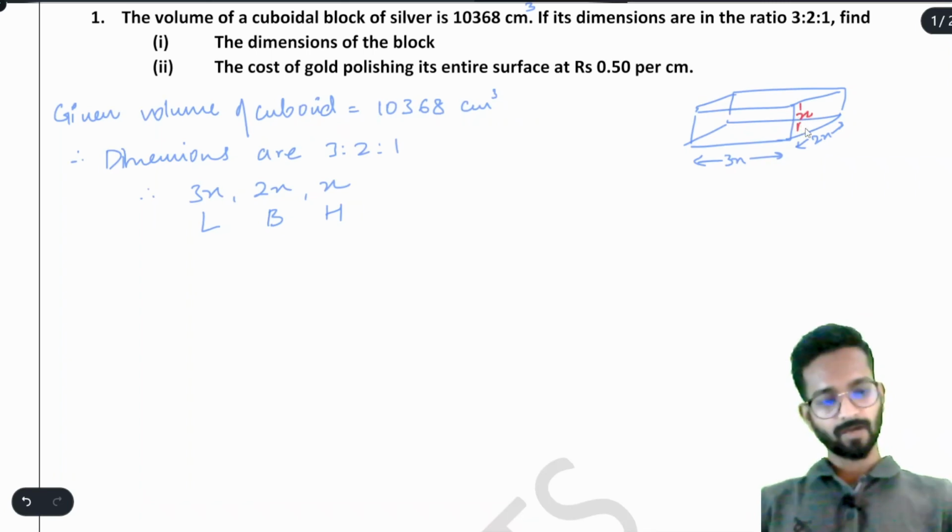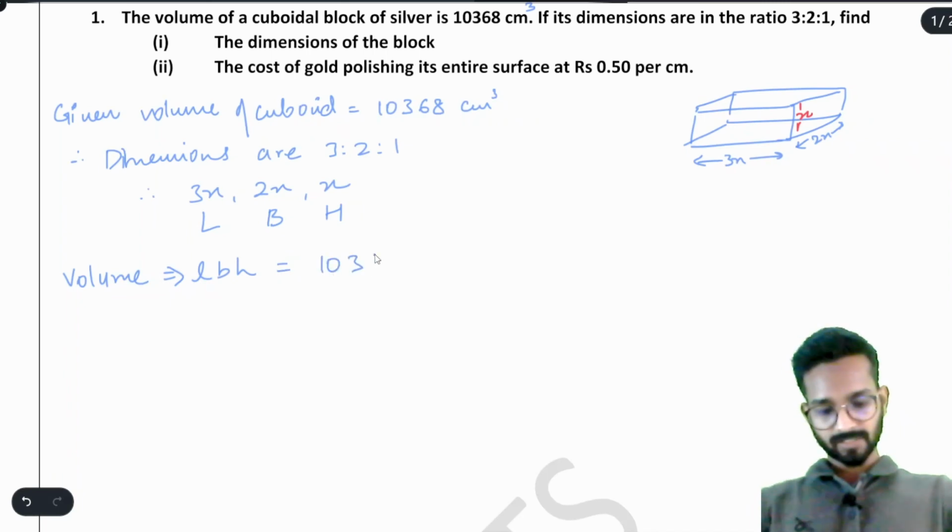Now they are saying that the volume is given as 10368. We already know volume is equal to length into breadth into height. So you can write 3x into 2x into x is 10368, that is 6x cube is 10368.